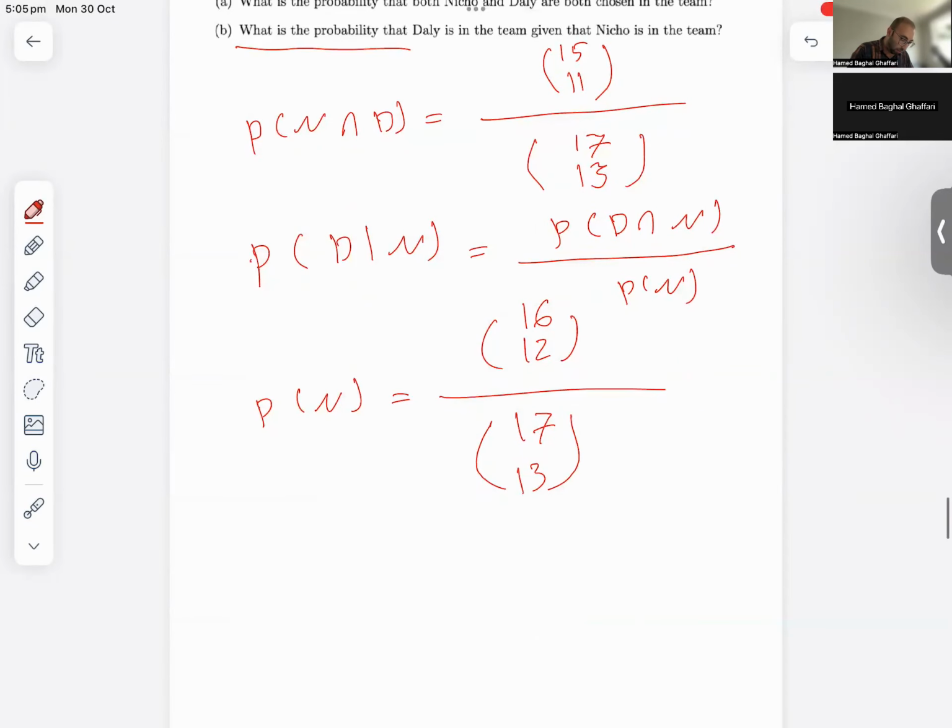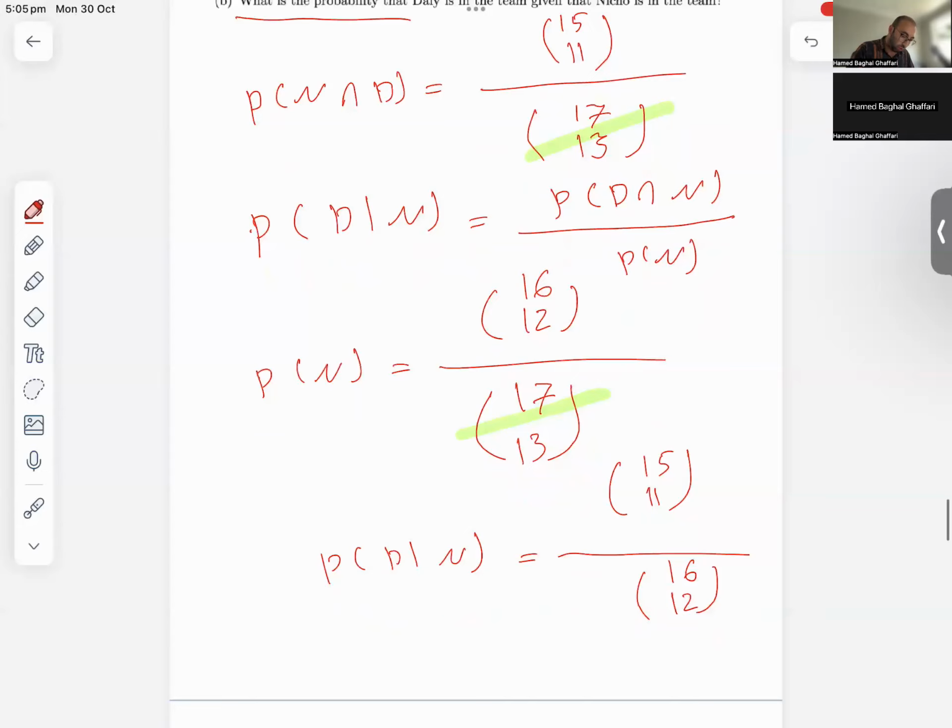If I substitute these values, the answer will be, after some simplification, 15 choose 11 over 16 choose 12. And you can do the simplification, of course.